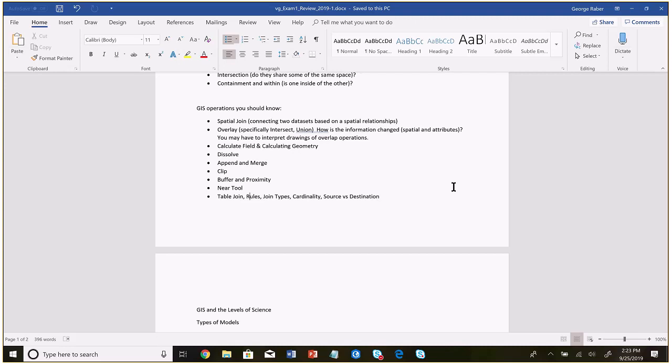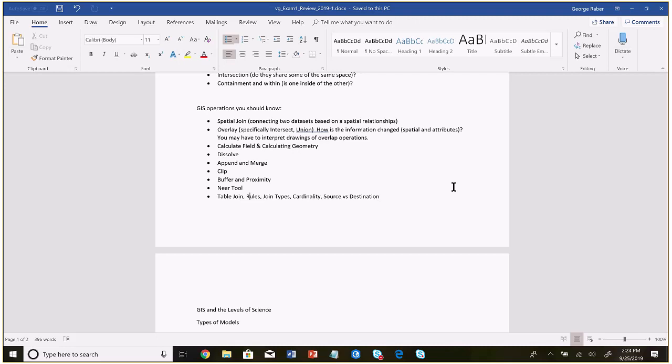So we have join types, and ArcGIS, remember, calls almost everything that you're going to do a one-to-one join type.